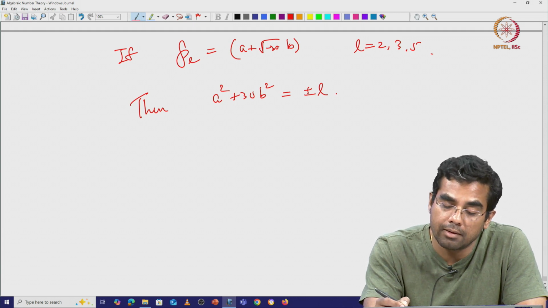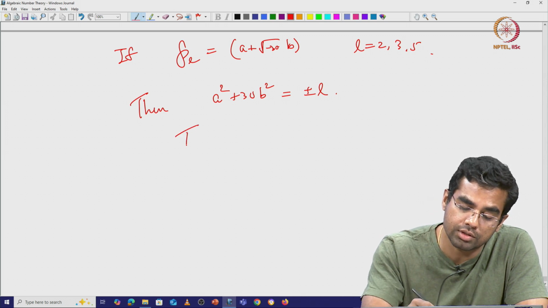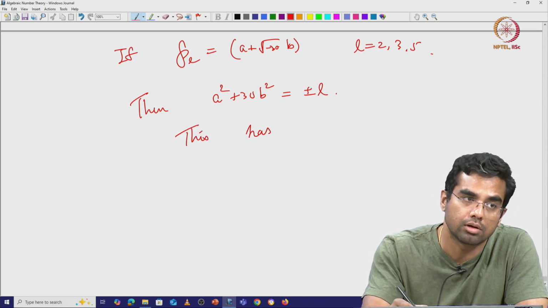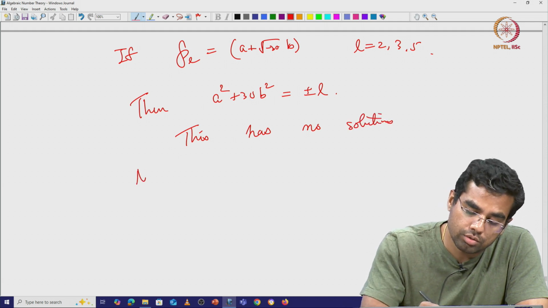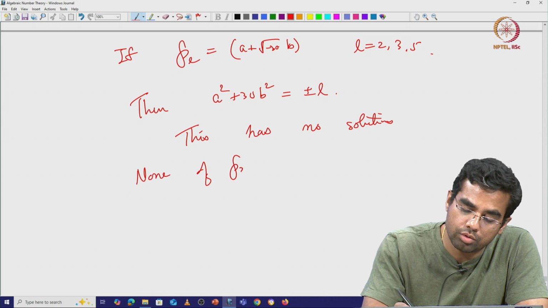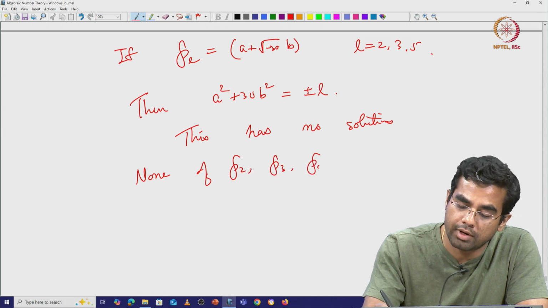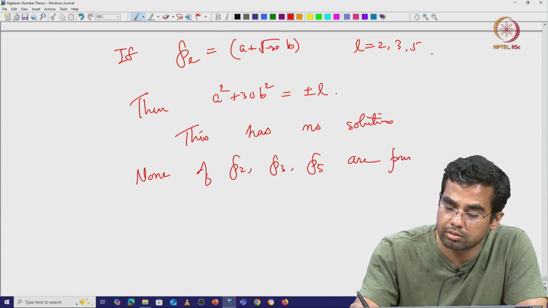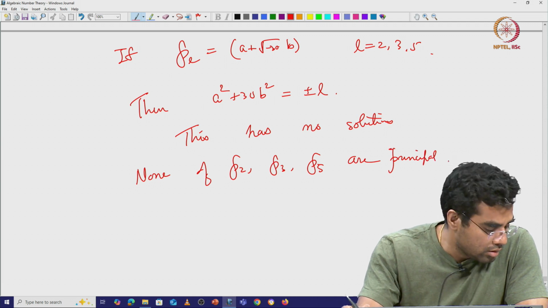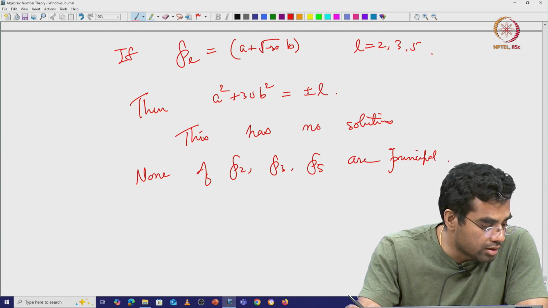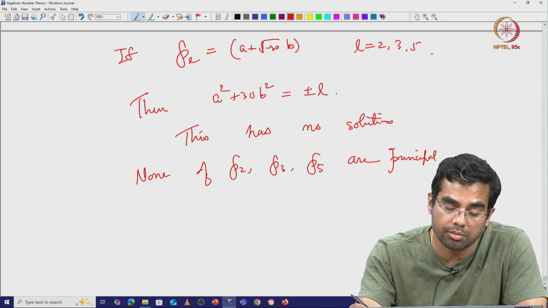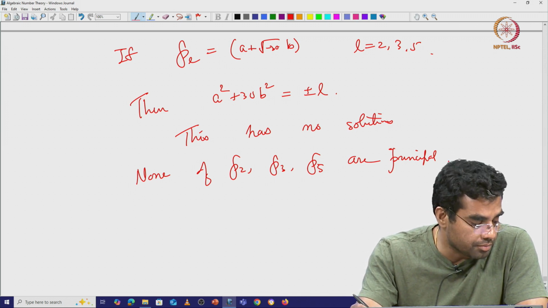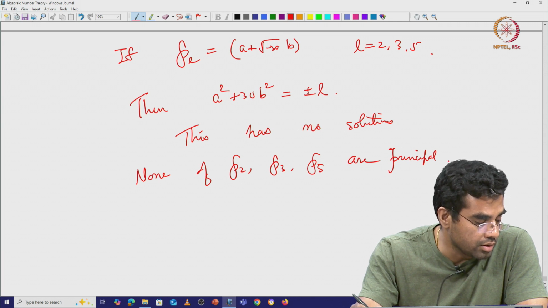So, plus L also has no solutions. So, none of P2, P3, P5 are principal, but that does not mean that they can't have a relation between them. So, that can of course happen.